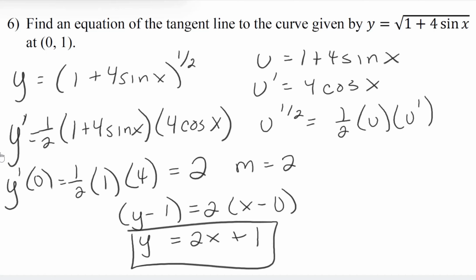That's my tangent line. Any questions with that one? So those are the two tangent line problems.